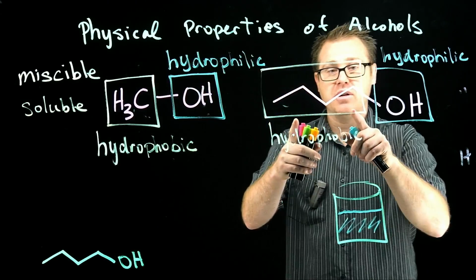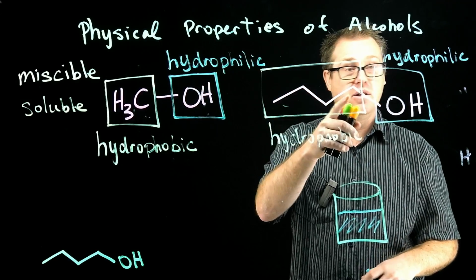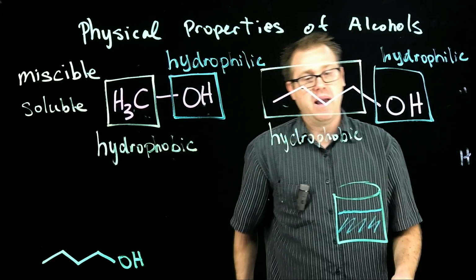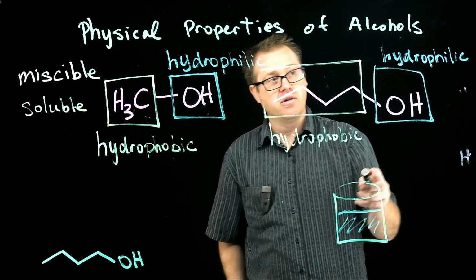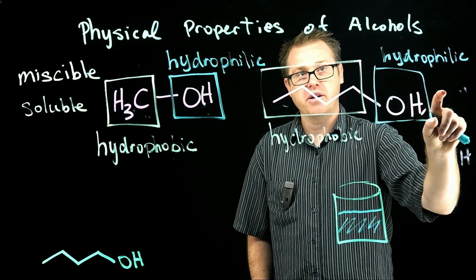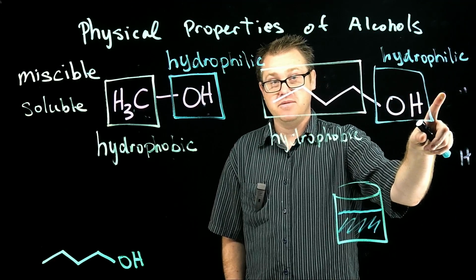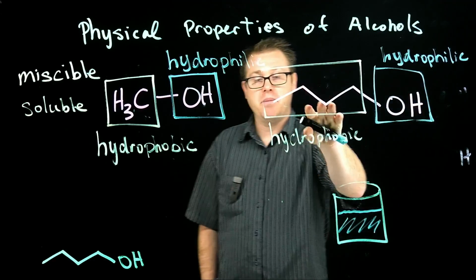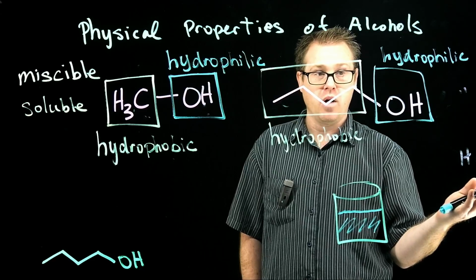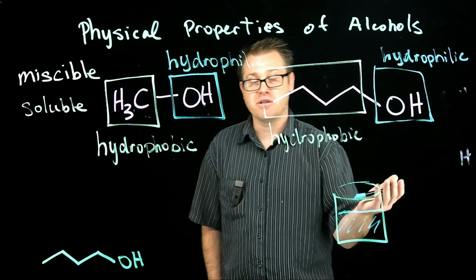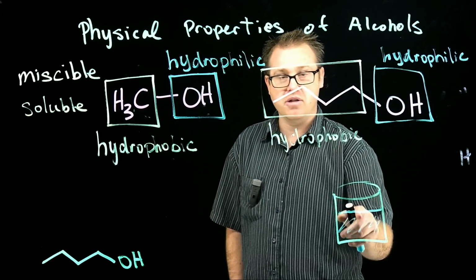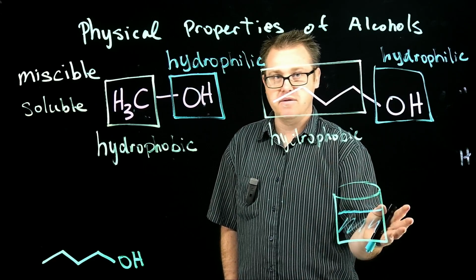Whereas in butanol, the carbon chain is getting larger. It's getting more greasy. So it's going to make it more difficult for water to interact with this part of the molecule and make it miscible. So that is why butanol is considered soluble in water up to a certain point. You can add a little bit of butanol to water and it will dissolve.